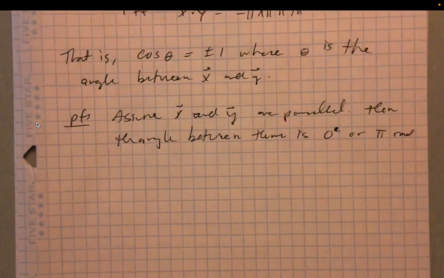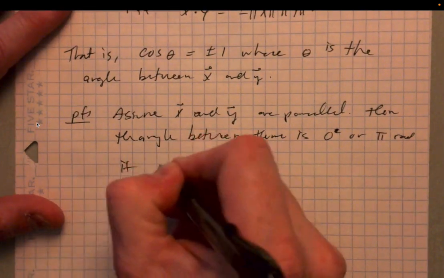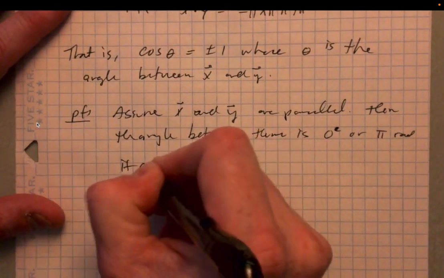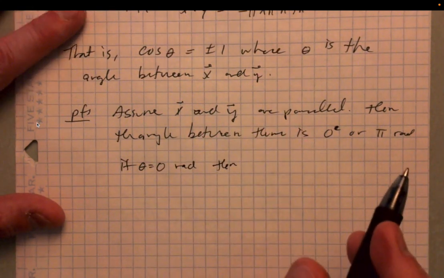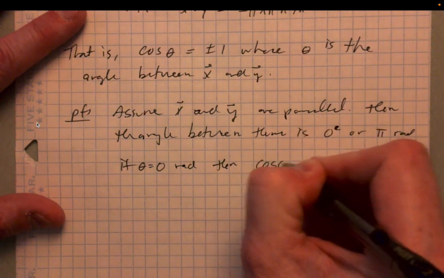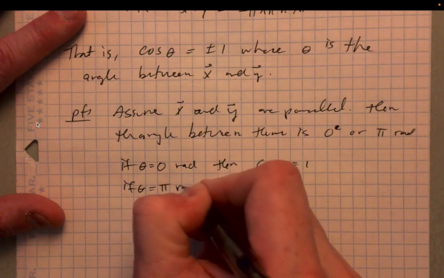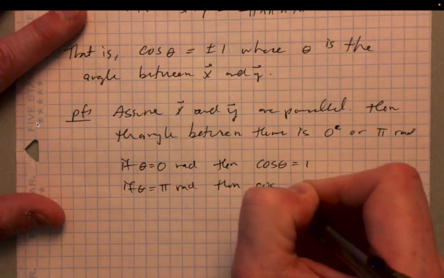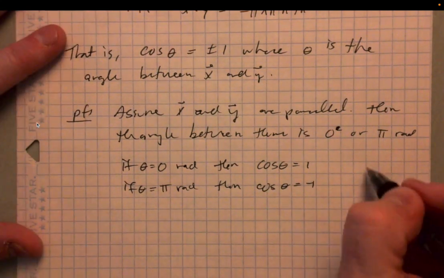If the angle between them is 0, so if theta is equal to 0 radians, then cosine is equal to 1. If theta is equal to pi radians, then cosine of theta is equal to -1. Right? That's just trigonometry on the unit circle.